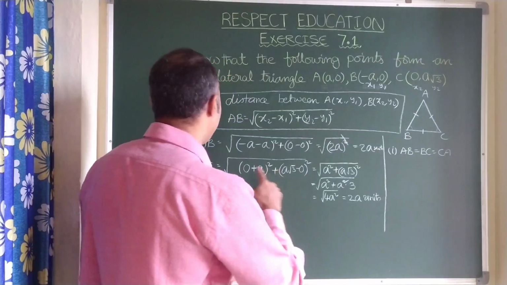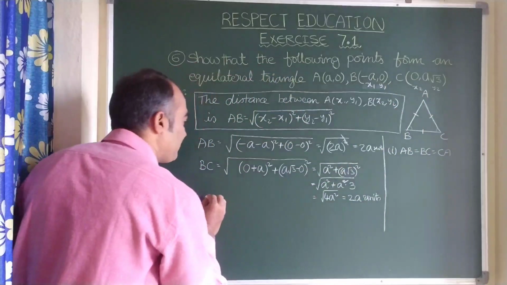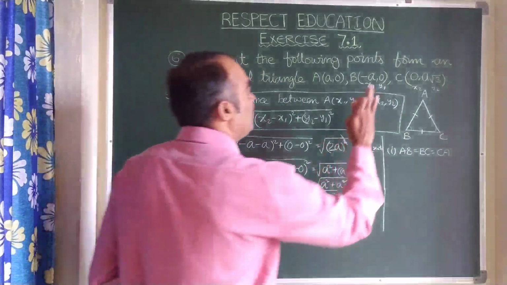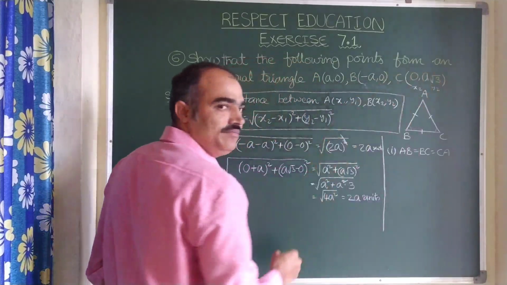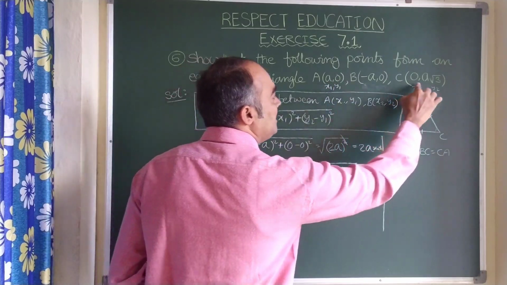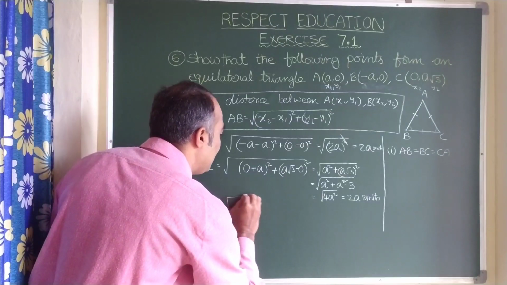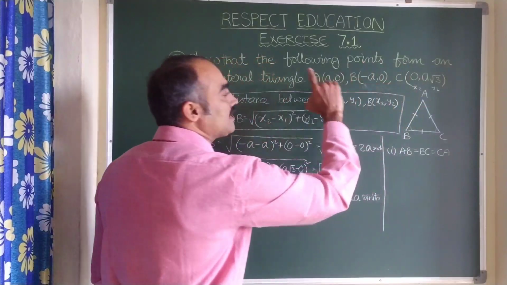Now you see we found AB, BC. Now we need to find CA. So let us find the distance between C and A. C and A is nothing but A and C. So I am taking A as (x1, y1) and C as (x2, y2). Now let us apply the distance formula. x2 minus x1.